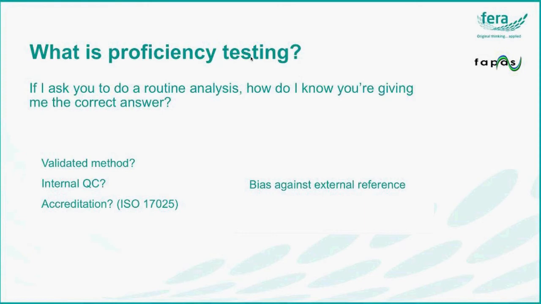But what they have in common is that they are largely internal control mechanisms. That is to say, the control is within the scope of the laboratory and there is no external influence. And that is where proficiency testing comes in. It can help give you a measure of the bias against an external reference, that is one that the laboratory has no control over.